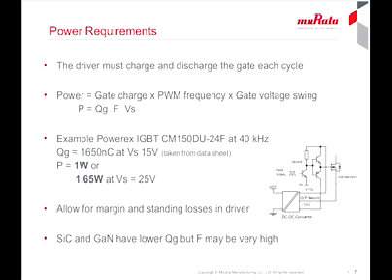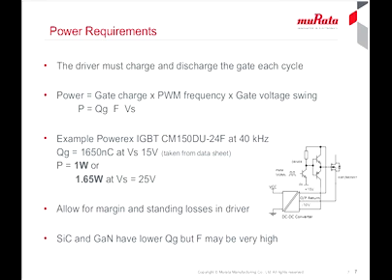Let's consider now how much power the DC-DC converter needs to supply. The gate of a MOSFET or IGBT looks like a capacitor to the driving voltage. In large IGBT devices, the capacitance can be very high, measured in nanofarads.